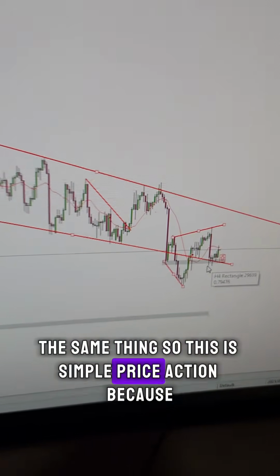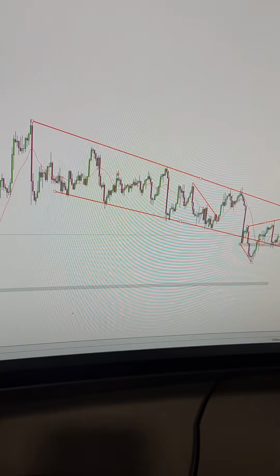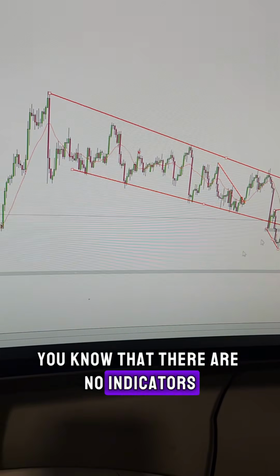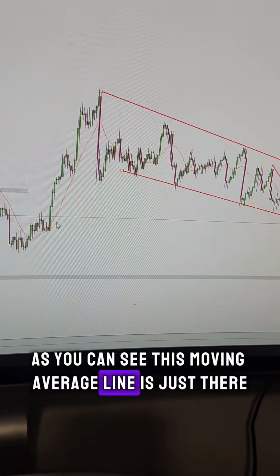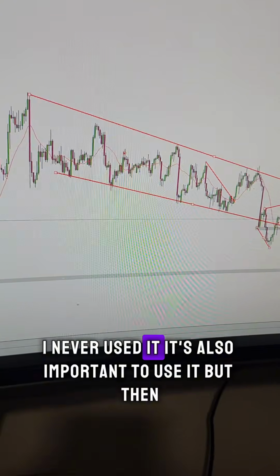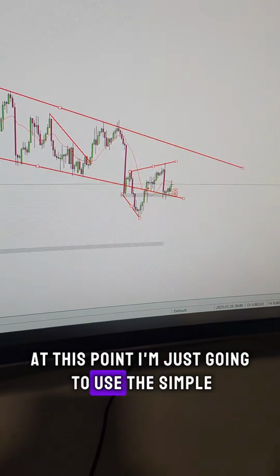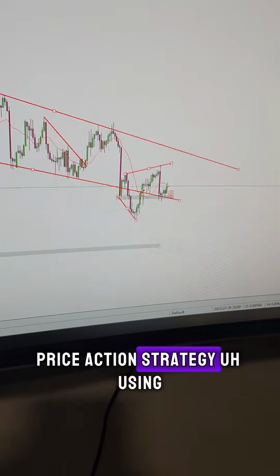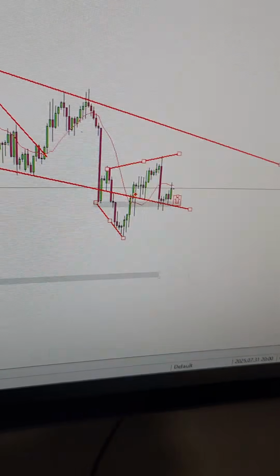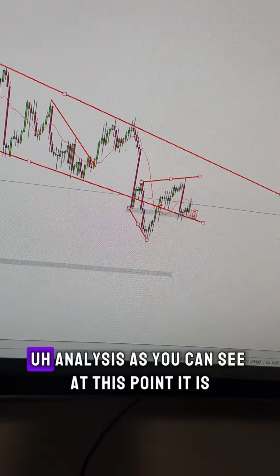So this is simple price action, because you know that there are no indicators. As you can see, this moving average line is just there. I never used it. It's also important to use it, but at this point, I'm just going to use the simple price action strategy using naked chart analysis.